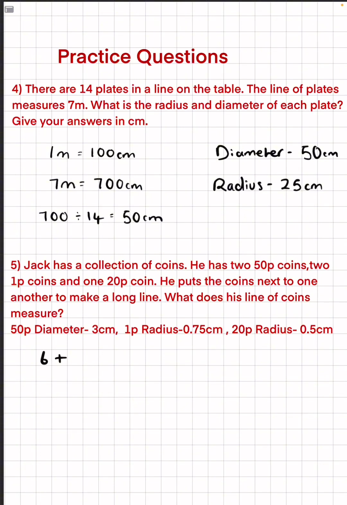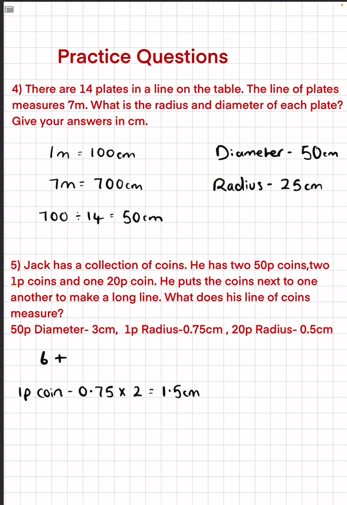The question says Jack has two 1p coins. We've been given the radius of a 1p coin. We need to work out what the diameter is. To work out the diameter of a 1p coin, we need to double 0.75. 0.75 multiplied by 2 equals 1.5 centimeters.